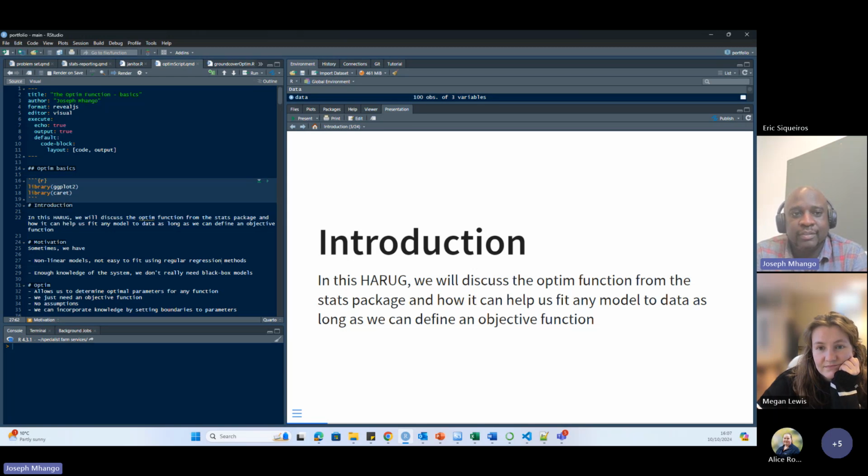It also has the optim function, which most people don't really use on a day-to-day basis, but it's a pretty neat function. It does a lot of things.